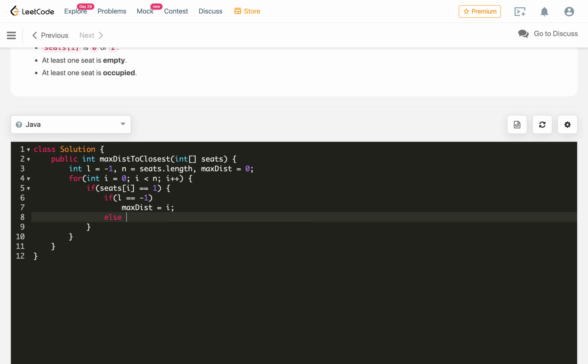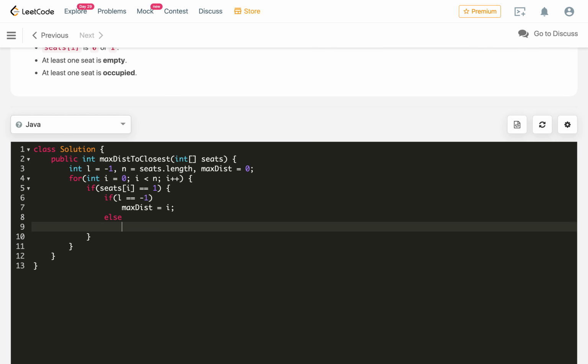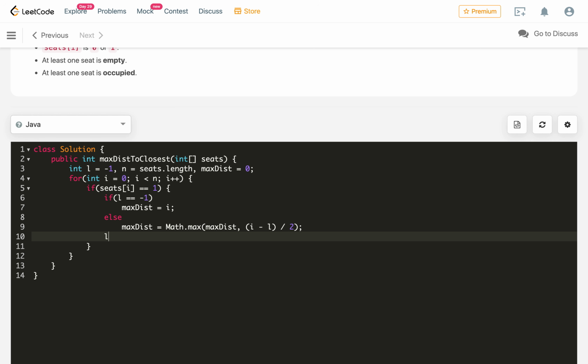In other cases, in the else, we take max dist as Math.max of the max dist found so far, or (i minus L) by 2. And in every case we update L to the index i of the new sitting person.